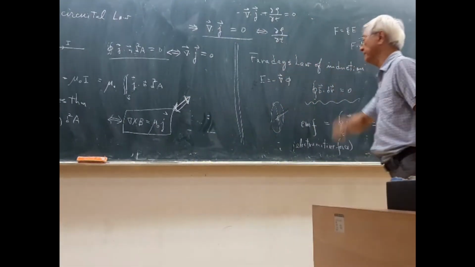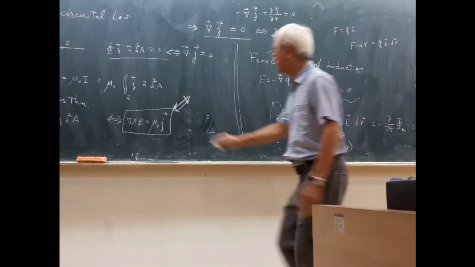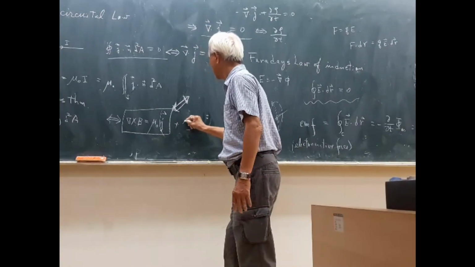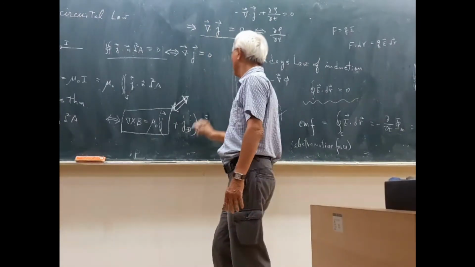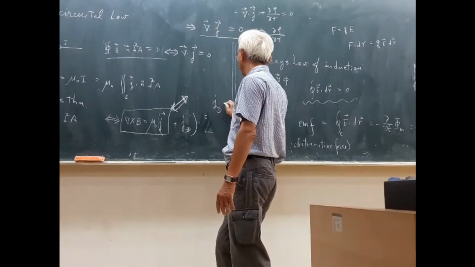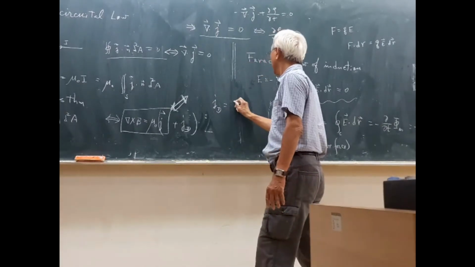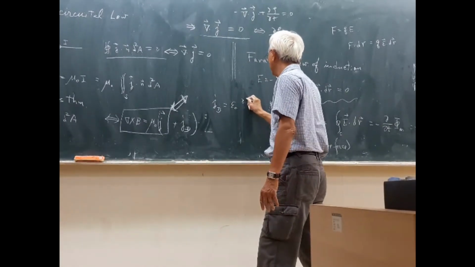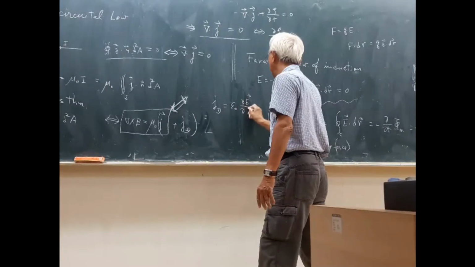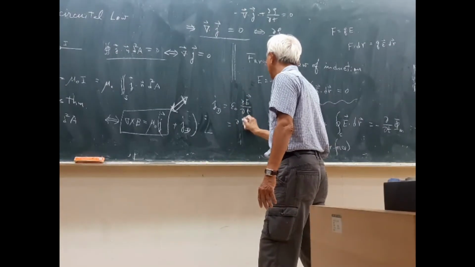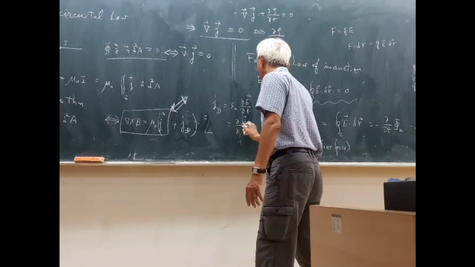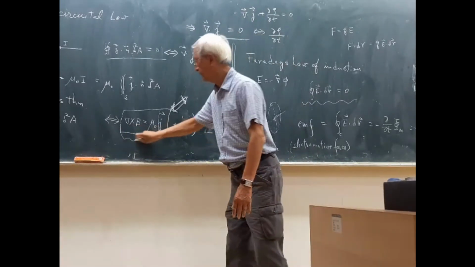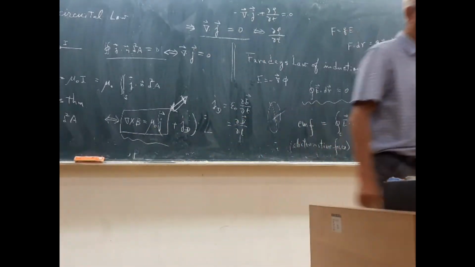Maxwell just added a displacement current, J_D, which he found to be equal to epsilon naught partial E partial t, or partial D partial t, and made everything compact. That's all.